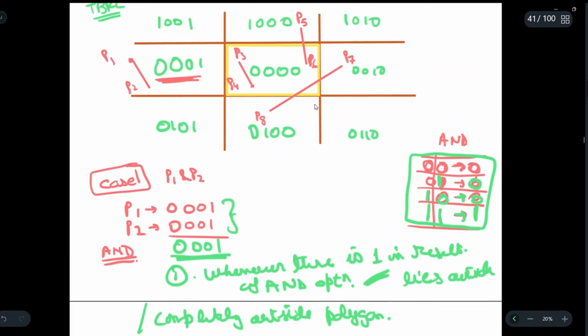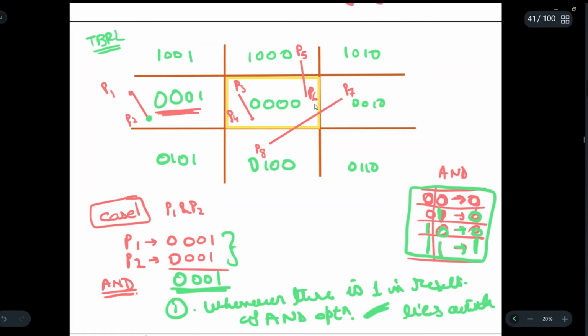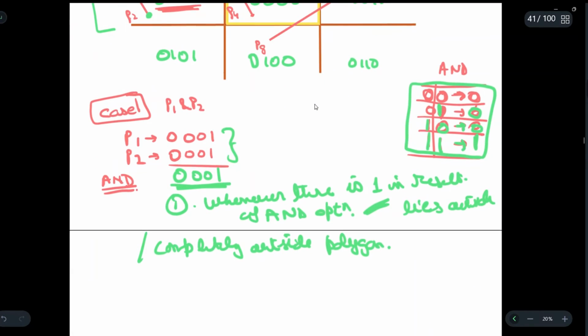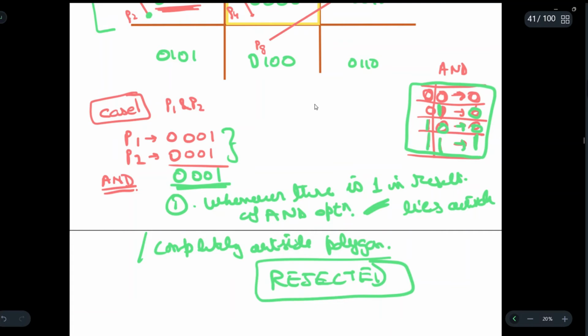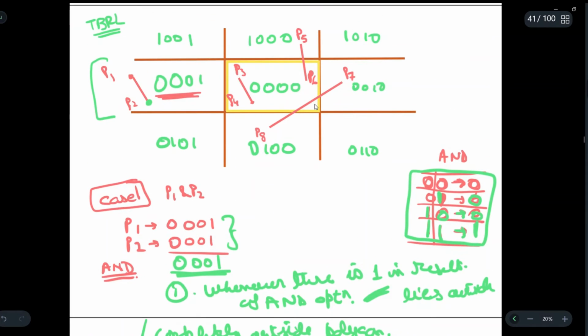As we can see from the figure, it is self-explanatory that this line lies outside the polygon. So this will be straight away rejected, as we are only considering the lines which will either cross the polygon, or which will totally lie inside the polygon. So this is our case 1.